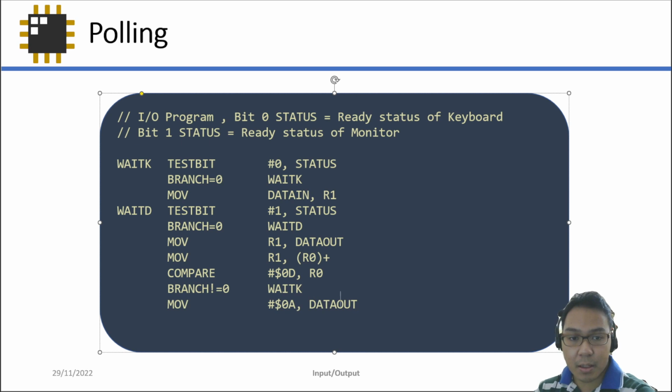So we send the entire line to the monitor if we are done waiting for everything, and then the process that called this entire input output sequence, we're going to go back to it since it now has the data that it needs, pointed to by R0.